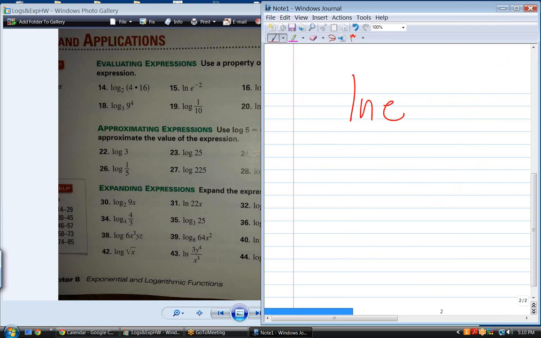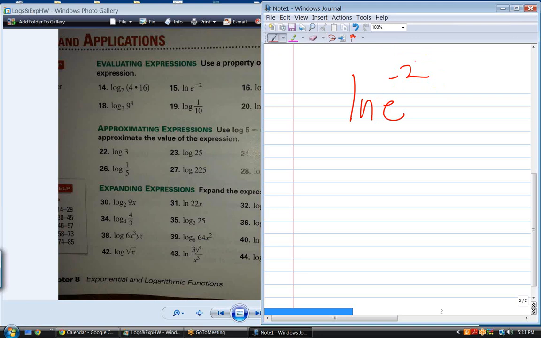What's this equal to? Wouldn't the natural log and the e become 1? Uh-huh. And it would just be the square root of 1. This is not square root of. That's its exponent, -2. Okay?